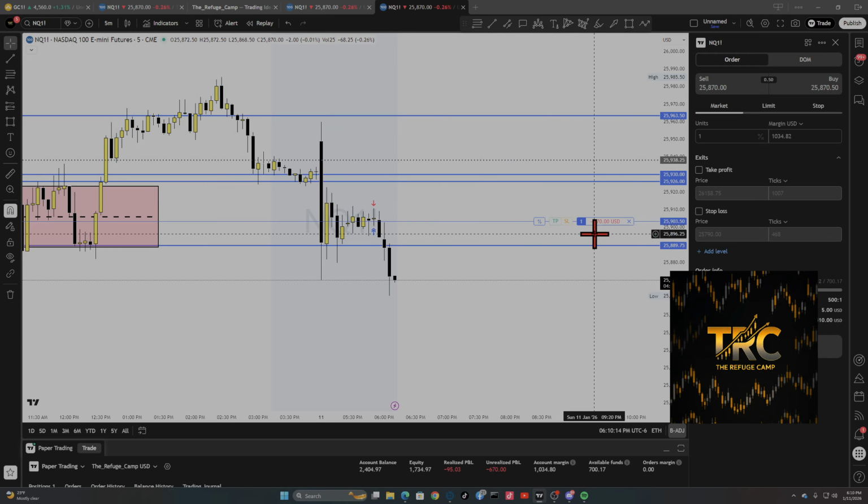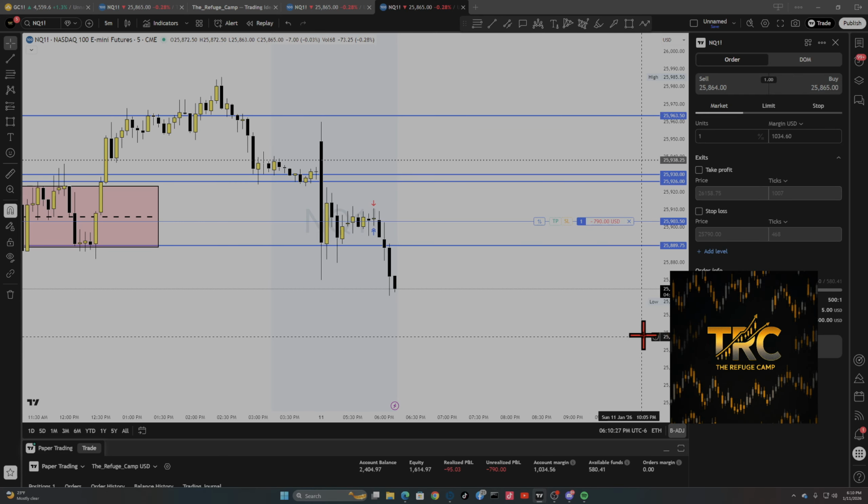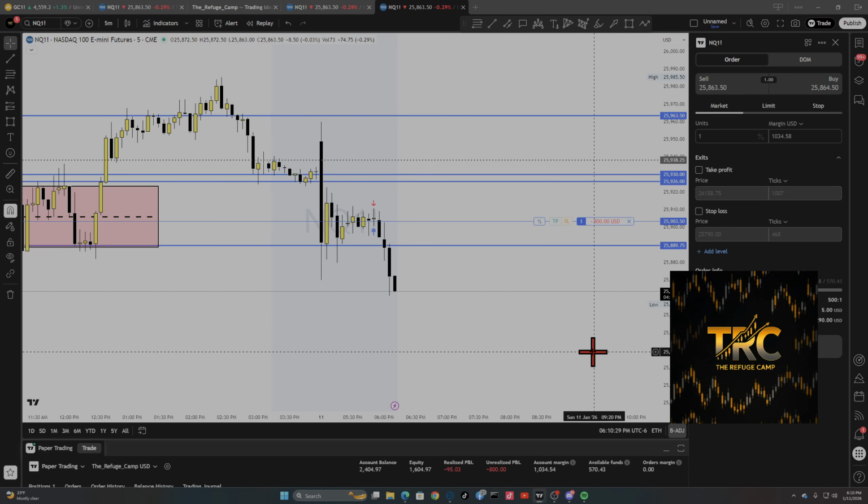So we can see we haven't been in this trade for more than 15 minutes and we've already lost $760. So we're going to circle back, right, to why over-leveraging and risk management is crucial, right? The bigger the size position you take, the more you lose, the faster you lose it.